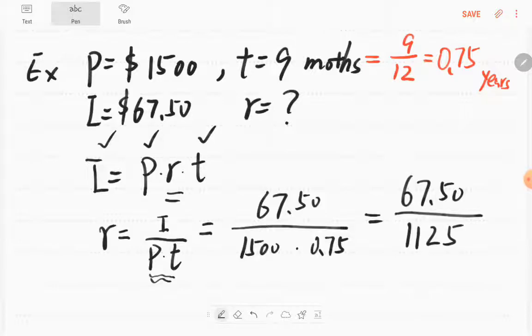Then 67.50 divided by 1125 is equal to 0.06. So the annual rate would be 6%, right?